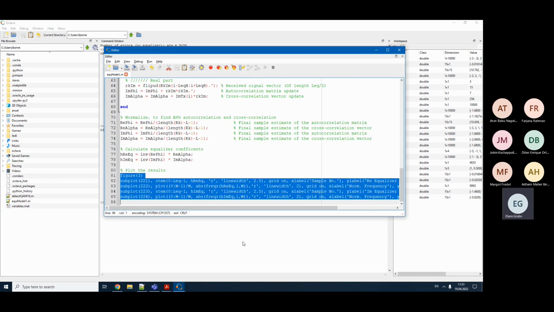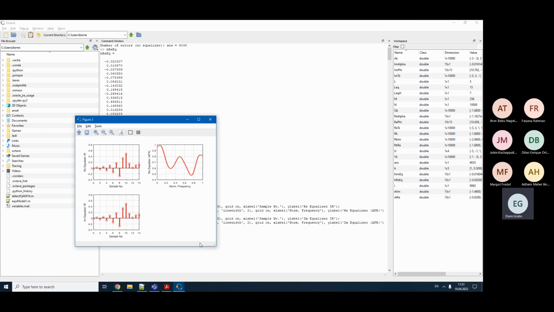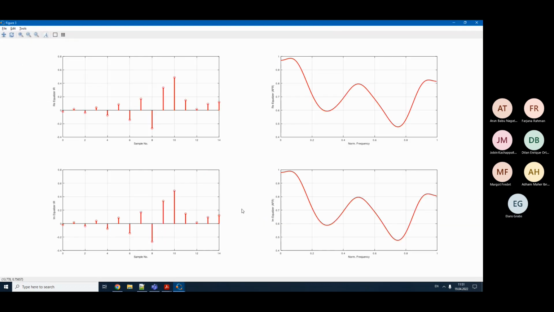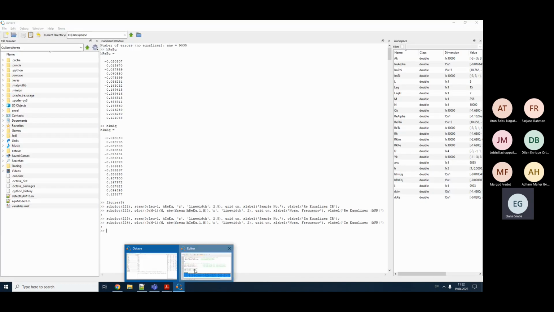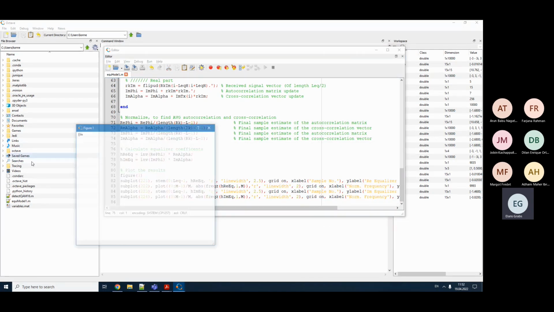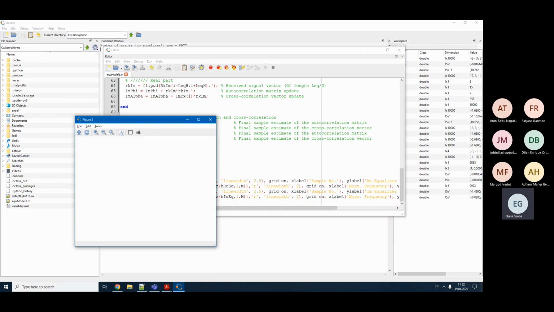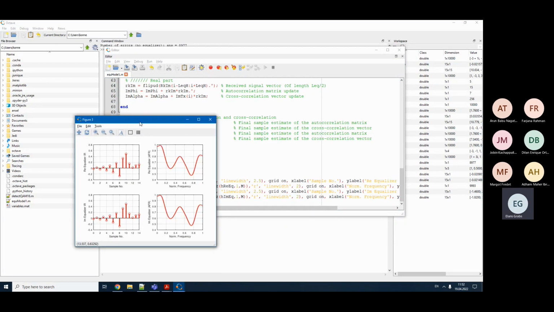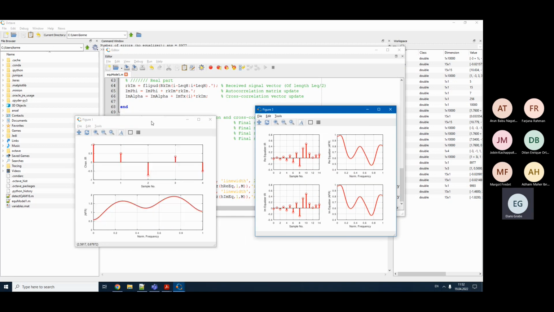So now I'm going to copy this piece of code just to make it faster. You can see that we have calculated this equalizer that is intended to compensate the impulse response of the channel. So let's run this code, and then we will calculate the impulse response of the entire system, both transmitter and receiver.